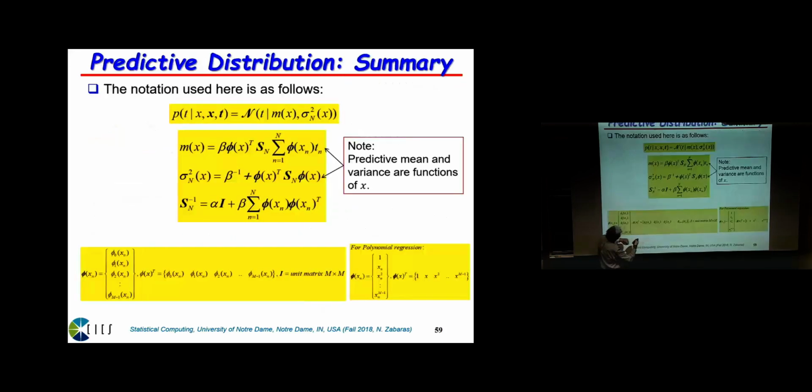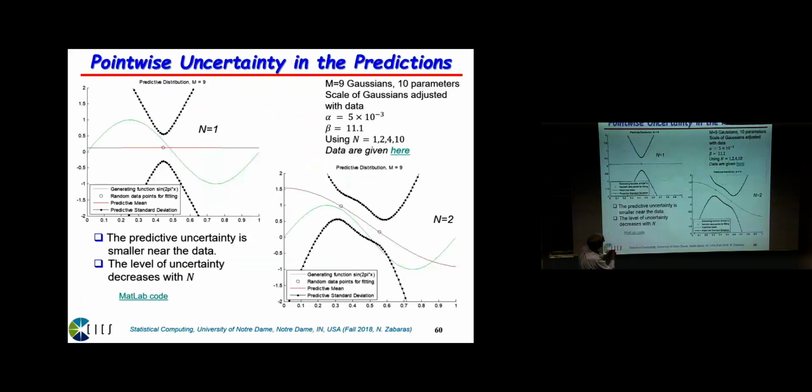And where is that coming from? The predictive distribution has a mean and it has a variance, and these are the error bars. Notice that away from the data point, the uncertainty is huge because you have no data. Let me tell you in general, whatever model you're using, if you're away from the data and the uncertainty doesn't grow, the model is wrong.